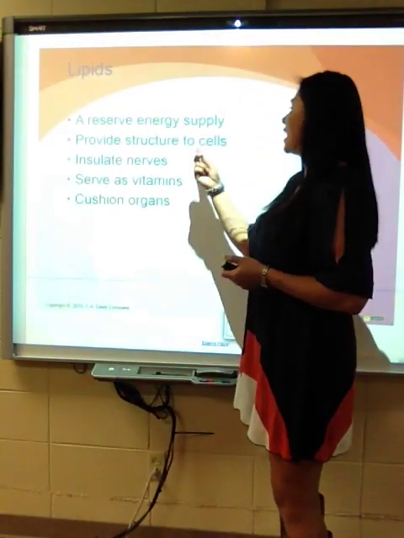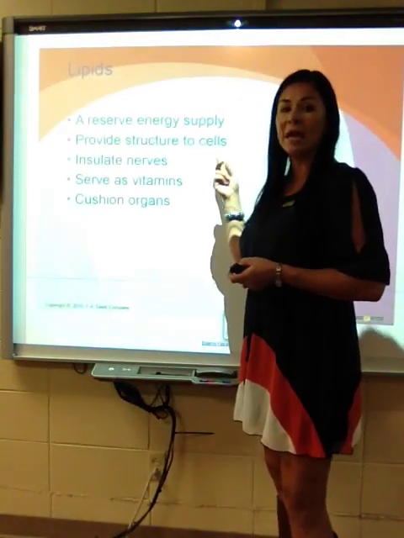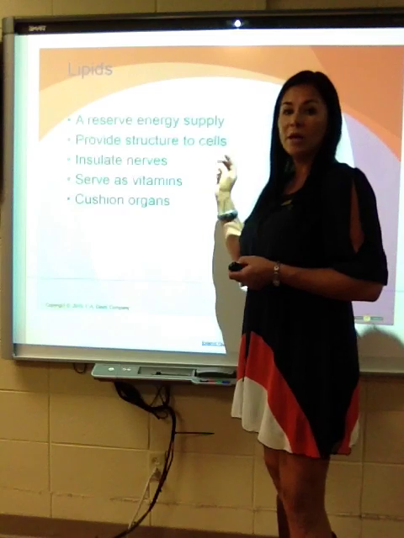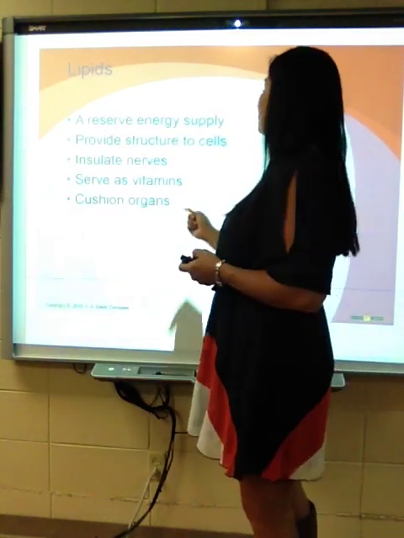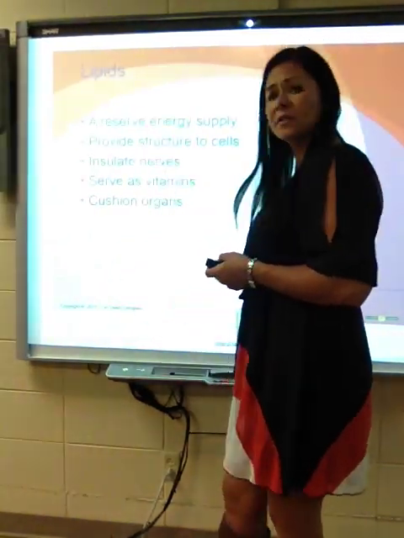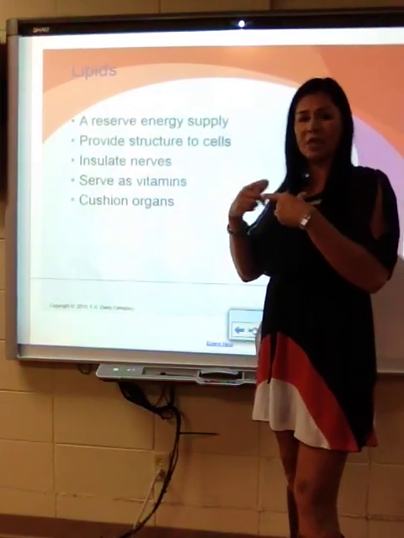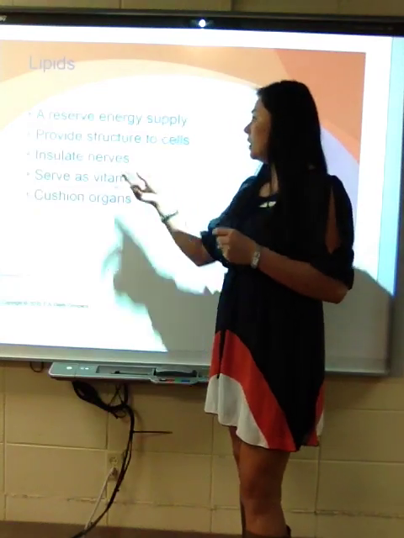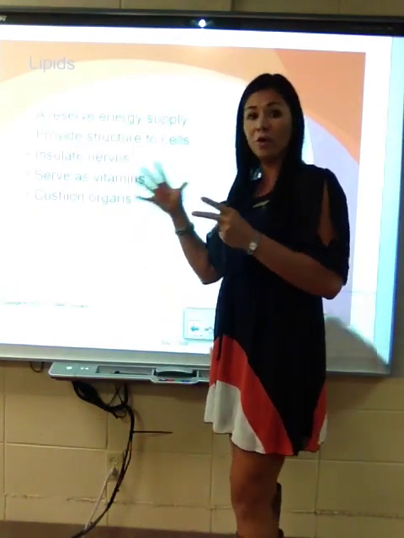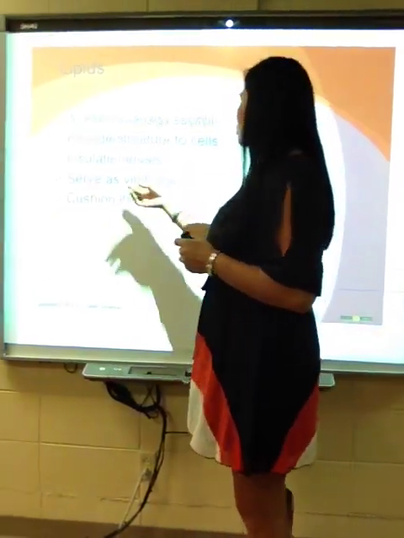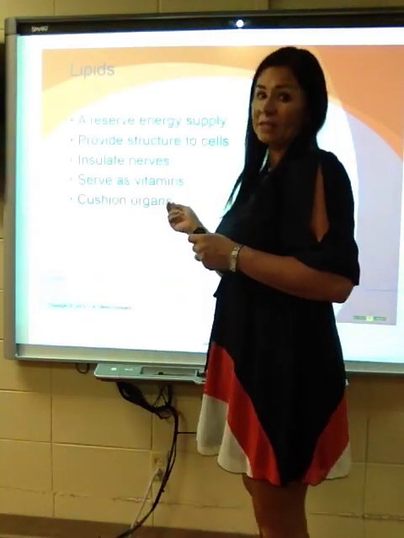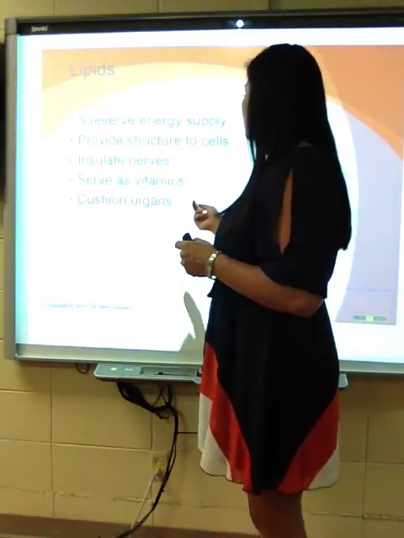Lipids provide structure to cells. We'll look at the cell lipid layer, or the bilipid layer, in the next lecture, chapter 3. They insulate our nerves, kind of like the black insulating tape that you put on wires. It insulates as well from other nerves. They serve as vitamins, so we've got some fat-soluble vitamins.